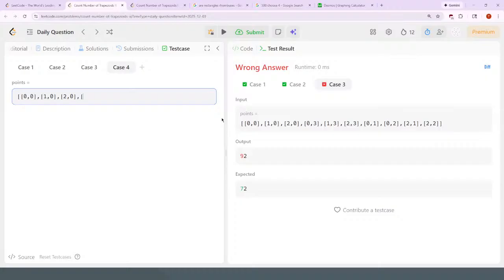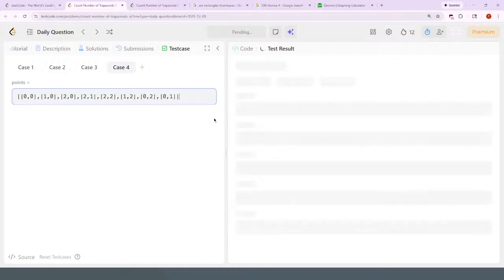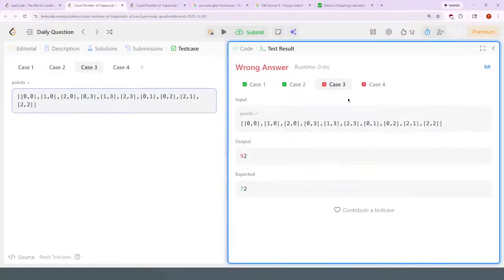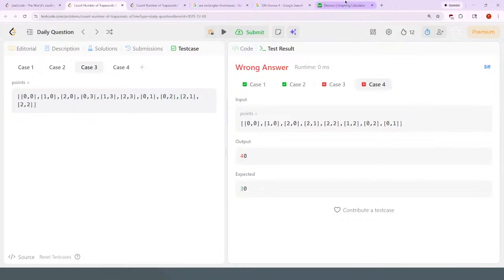Just need to think about this in terms of going around the square. And it's 2, 1, 2, 2, 1, 2, 0, 2, 0, 1. That's nice. So this is 30.